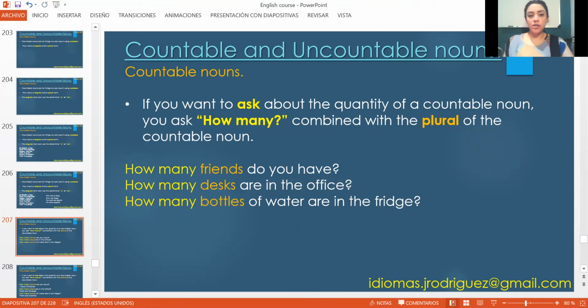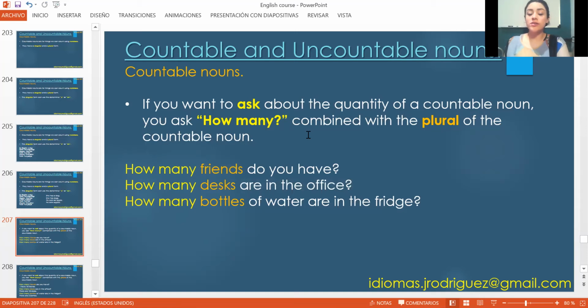Okay, en Spanish. Si quiero preguntar sobre la cantidad de un sustantivo contable, voy a utilizar how many más el plural de lo que quiero saber cuánto hay. How many friends do you have? Quiero saber la cantidad de amigos que tienes. Entonces voy a usar how many y el plural de amigo, que es amigos. En la siguiente, how many desks are in the office?